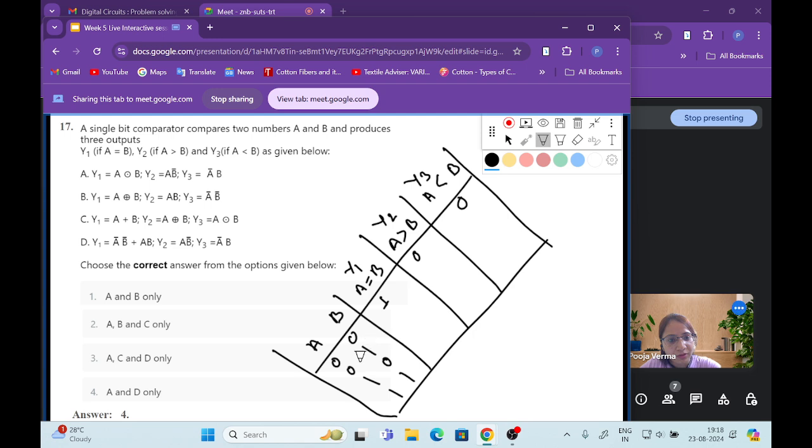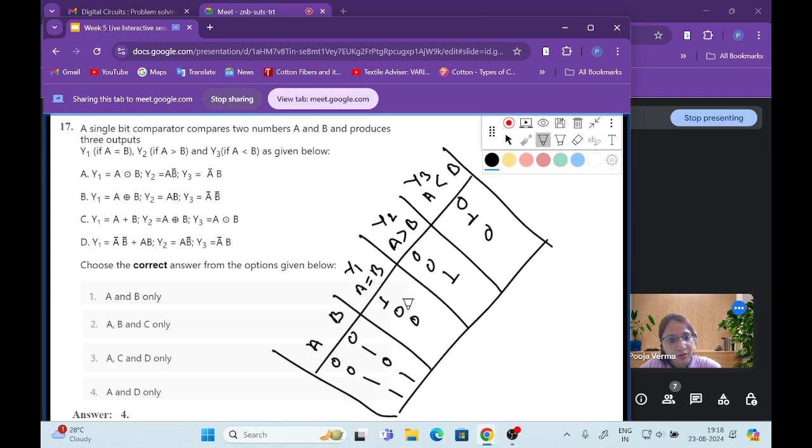What does that mean? A is less than B, right? So this will be correct. Here A is 0 and B is 1, so A is less than B. Now next one is A is 1 and B is 0. So which one is correct? A greater than B will be 1. Now A is also 1, B is also 1.